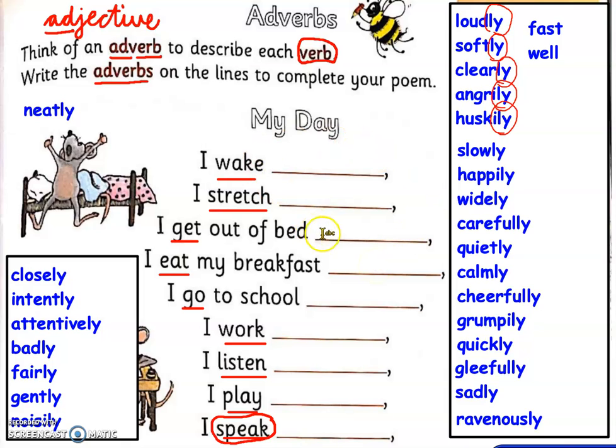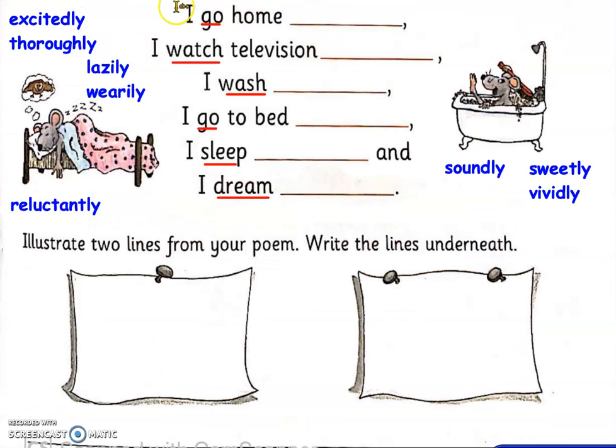Use different ones. I wake quietly, I stretch widely, I get out of bed slowly, I eat my breakfast ravenously. I go to school happily, I work neatly, I listen attentively, I play fairly, I speak loudly, or I speak clearly. So use different ones for each line, and I'm really interested to see what you come up with.